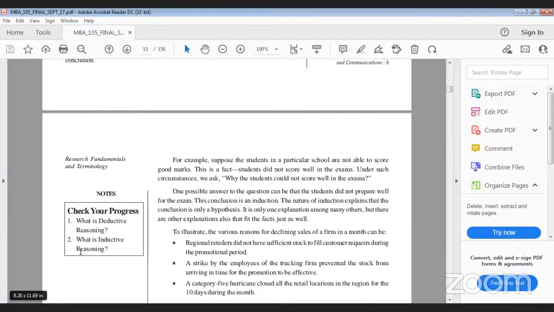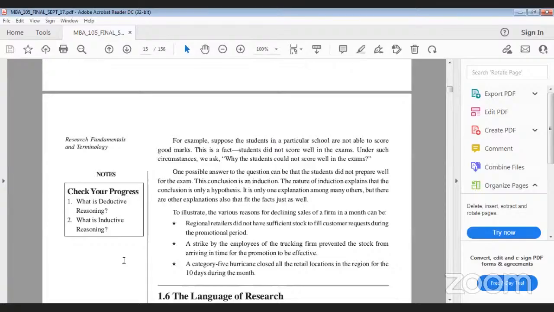The nature of induction explains that the conclusion is only a hypothesis. It is only one explanation among many others, but there are other explanations that fit the facts just as well. For instance, the various reasons for declining sales of a firm in a month can be: first, regional retailers did not have sufficient stock to fill customer requests during the promotional period.